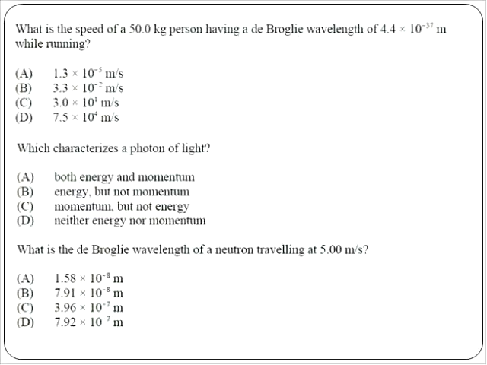Okay, there are a number of multiple choice questions that you could be asked. So here's the first one, the deBroglie wavelength of a person. This is the mass of the person, and this is the wavelength. Now, deBroglie wavelengths, typically we use those with very, very small objects traveling at high speeds, like protons and electrons.